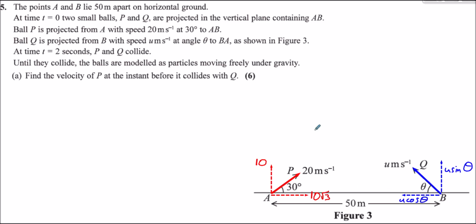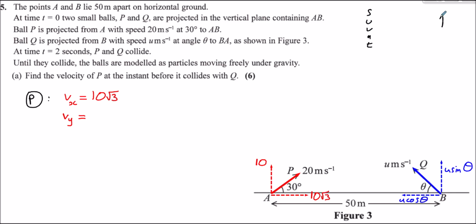So if I think about p for a moment, the component of the velocity in the x direction will just be a constant 10 root 3. Whereas in the y direction, we need to think in a bit more depth because this will have an acceleration in this direction. So let's think about this in terms of suvat.